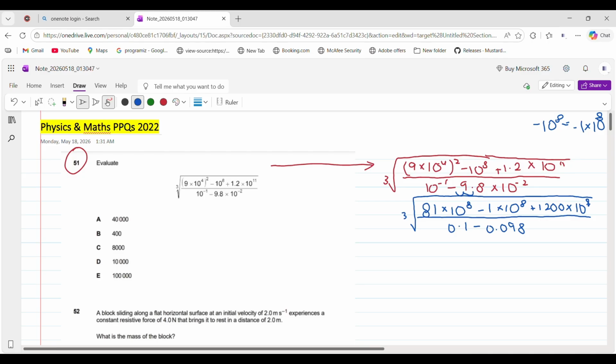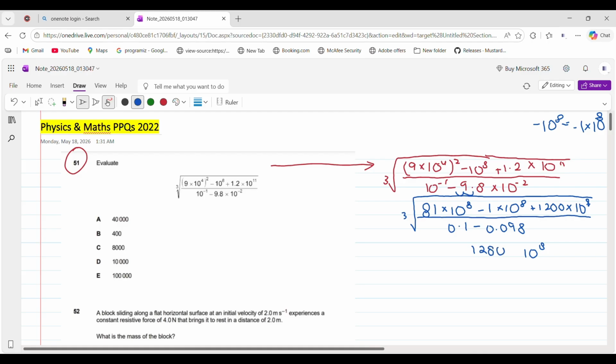From the numerator I see the common thing is 10 power 8, right? In these three terms 10 power 8 is a common term. So of course I'll take 10 power 8 as common. What is left is 81 minus 1 plus 1200, right? So 81 minus 1 is 80, and 80 plus 1200 is 1280.